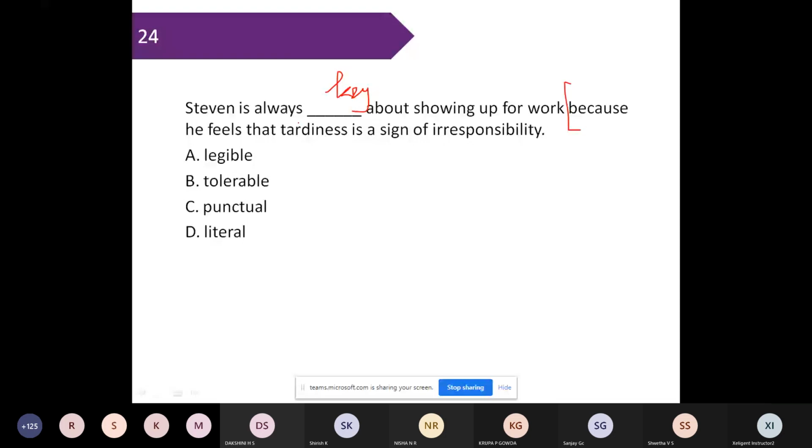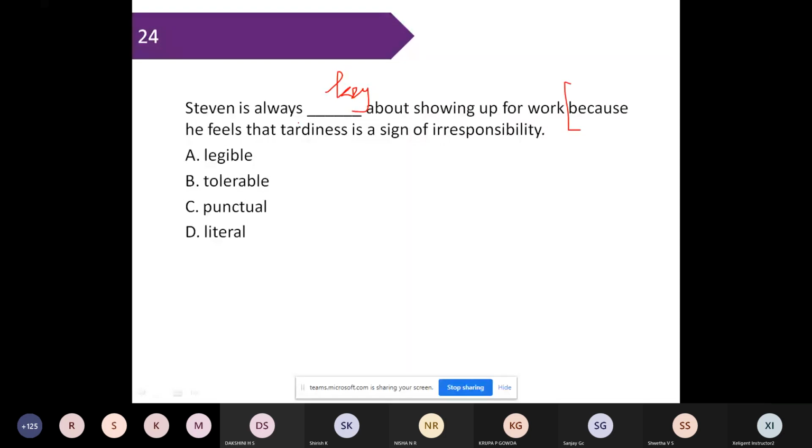Legible is not correct. Legible means your handwriting is legible, capable of being read. And tolerate is to tolerate something, that's tolerable. Punctual is the correct answer.